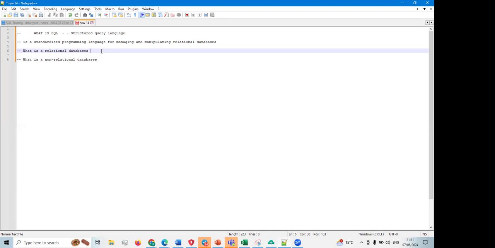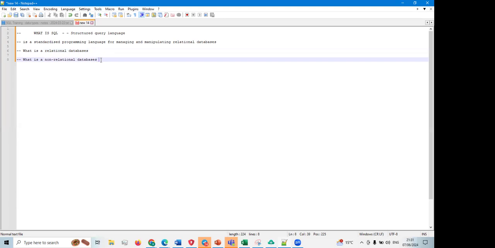For example, if you post pictures and videos on Facebook, Facebook has storage for all those pieces of data, but they are not stored in relational databases. They are stored in non-relational databases.